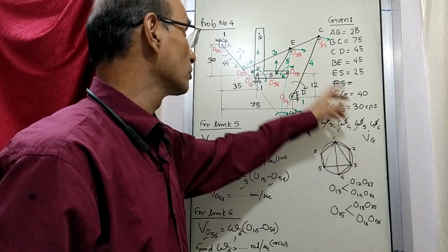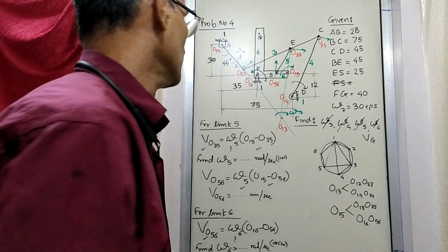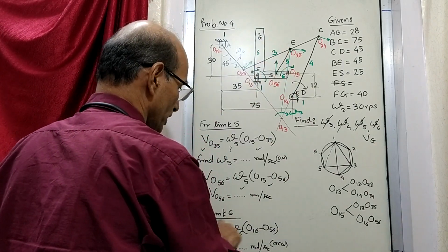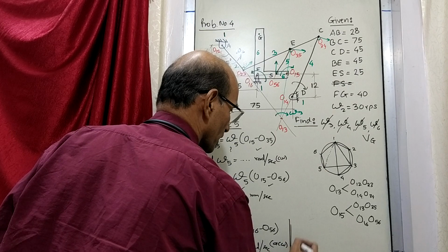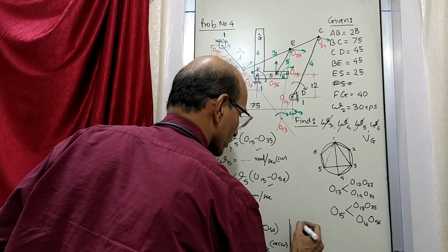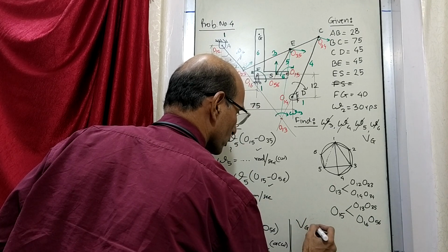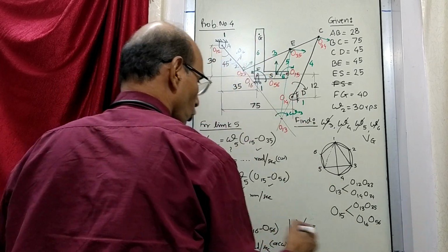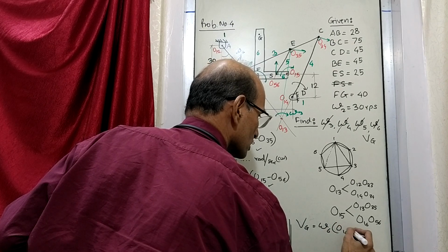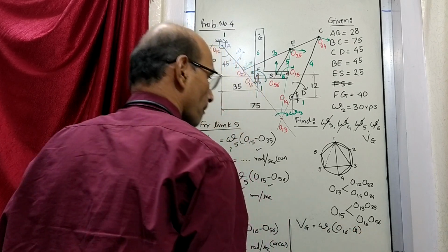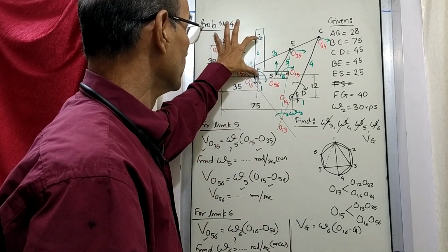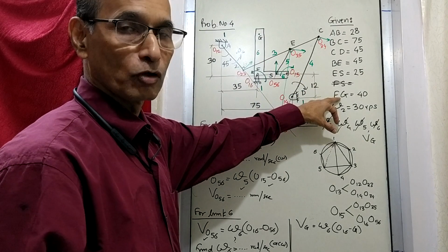Now what is remaining is velocity of G. So how do you find out velocity of G? G is a point on link number 6. So we are already in link number 6. So we write here velocity of G is equal to omega 6 into distance from O16 to G. Distance from O16 to G, this distance is FG. FG is already there.